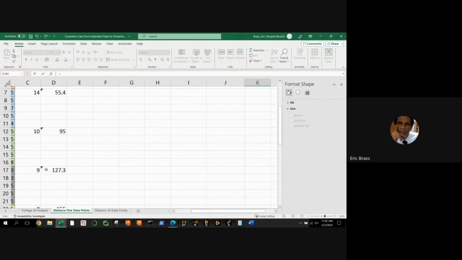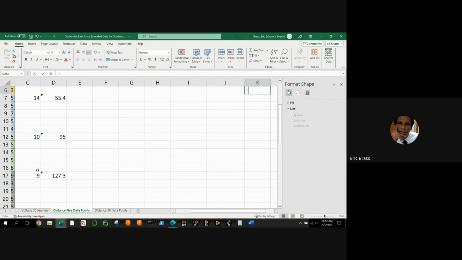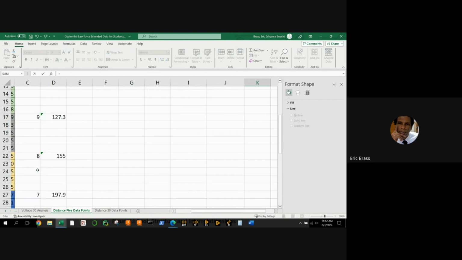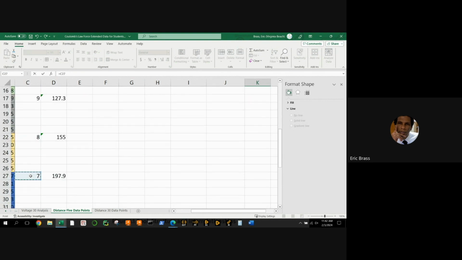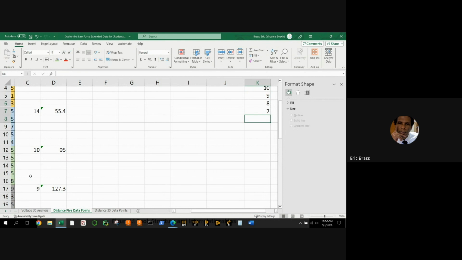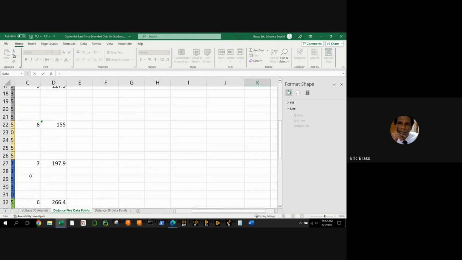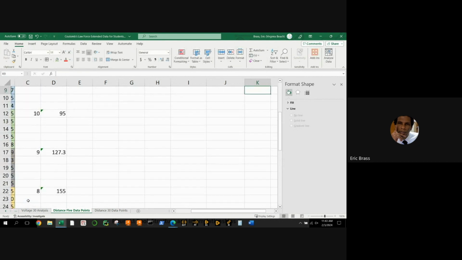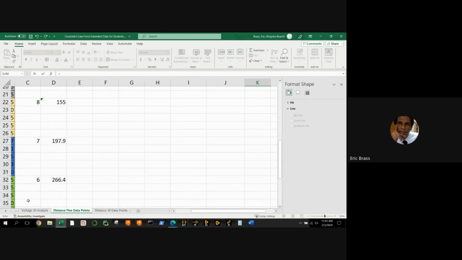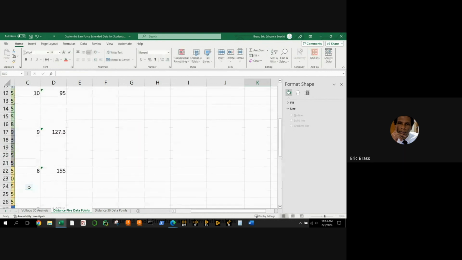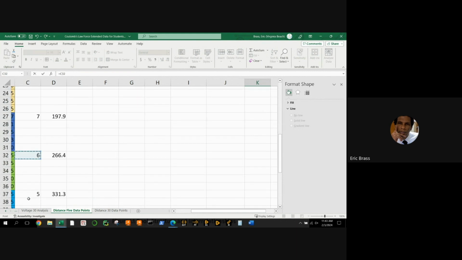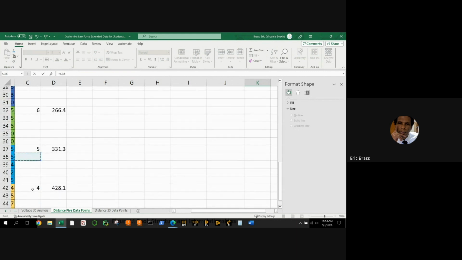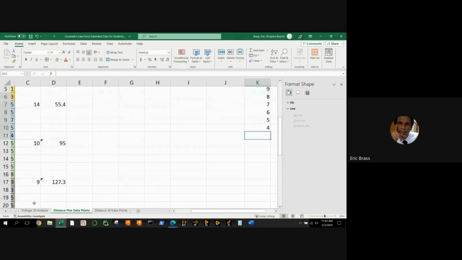Equals to 9, equals to 8, equals to 7, equals to 6, equals to 5, equals to 4. Okay.